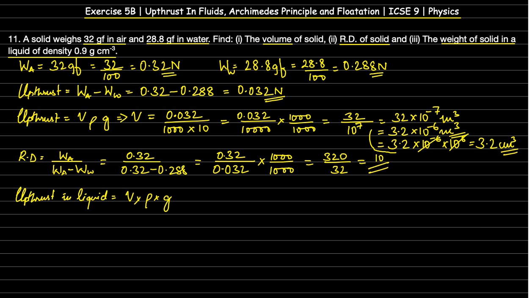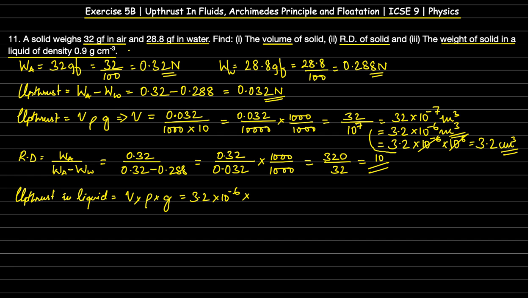So V happens to be, we had got V here as 3.2 centimeter cube, or 3.2 into 10 to the power of minus 6 meter cube. So I would write this as 3.2 into 10 to the power of minus 6 meter cube into the density of the liquid, which is given as 0.9 gram per centimeter cube.